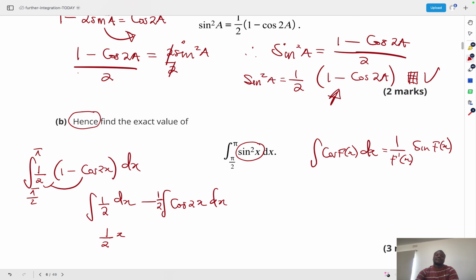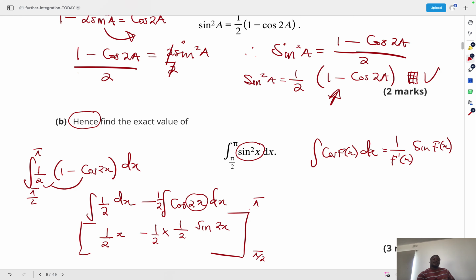These are the rules. So now we already know the f prime, so we are going to have minus 1 over 2, since that's just a constant, times 1 over 2, which is the derivative of the f of x here, then sin 2x. Now all of these must be evaluated under the limits of half pi and pi.